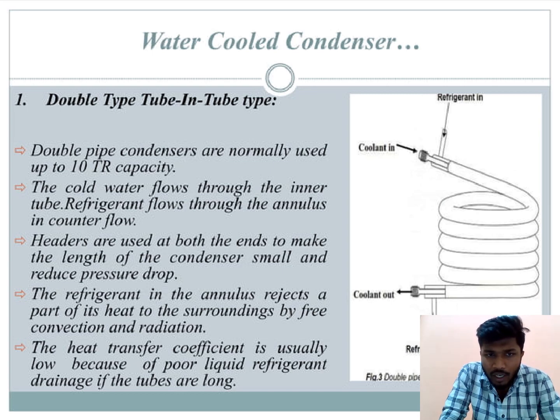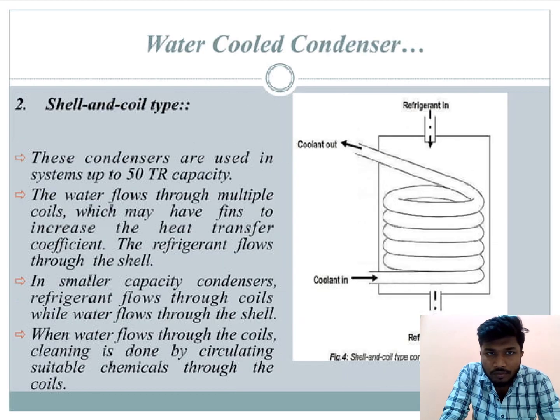Headers are used at both ends to make the length of the condenser small and reduce pressure drop. The refrigerant in the annulus rejects a part of its heat to the surroundings by free convection and radiation. The heat transfer coefficient is usually low because of poor quality, as the liquid refrigerant drains if the tubes are long.